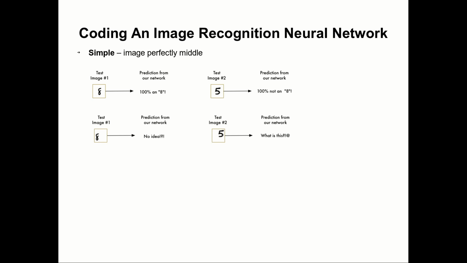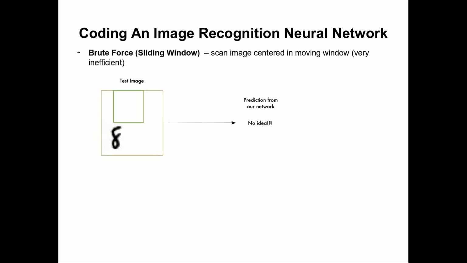So to code an image recognition neural network, before, the approach was images, the training images were put smack in the center, okay, and if they were slightly moved, the images could not be identified, which really wasn't working.